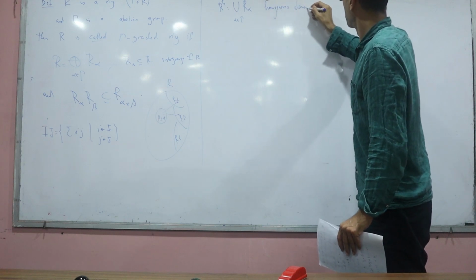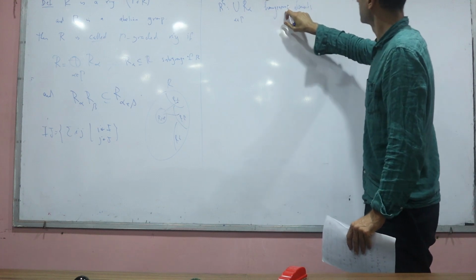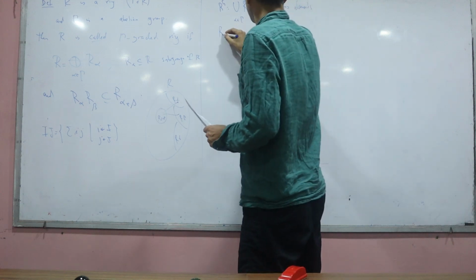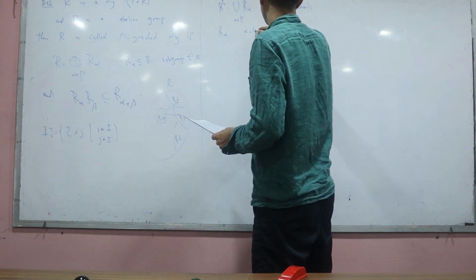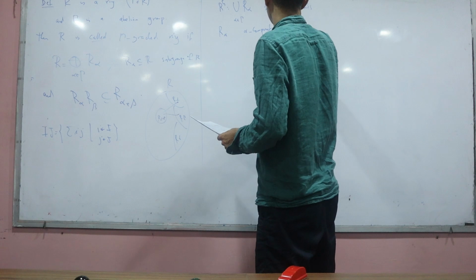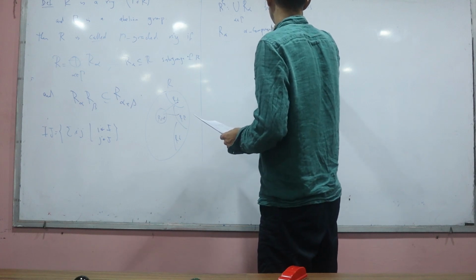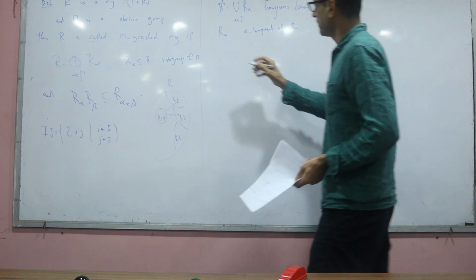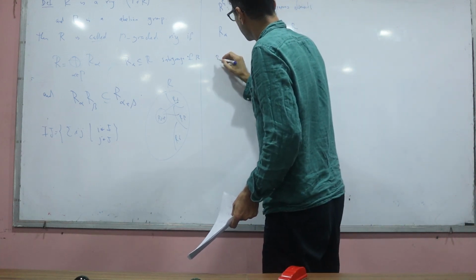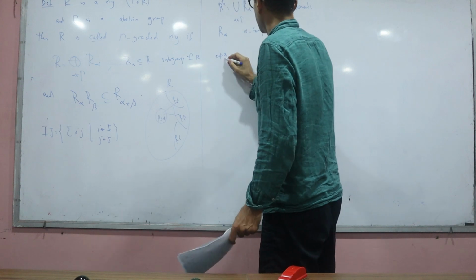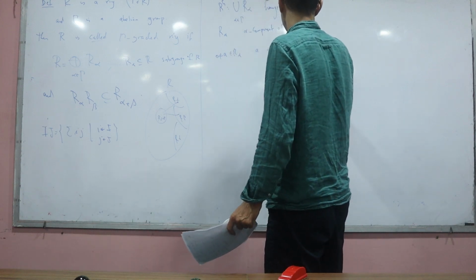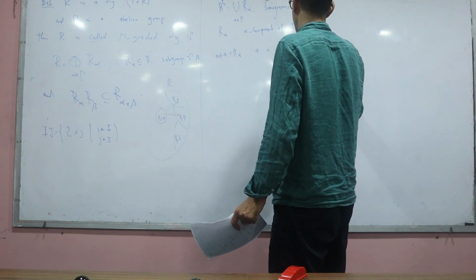And these are alphas, we say the alpha component of R. And if an element is not zero, and this is in R alpha, then I say A is of degree alpha.